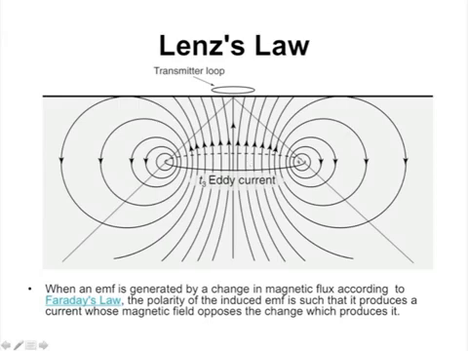Now I'm kind of getting ahead of the game by showing you this picture, but basically, when there is that EMF, that voltage generated by a change in magnetic flux according to Faraday's law, there will be an induced EMF, an induced voltage, and that's going to produce a current whose magnetic field opposes the change which produces it. Now you can see this in inductors.